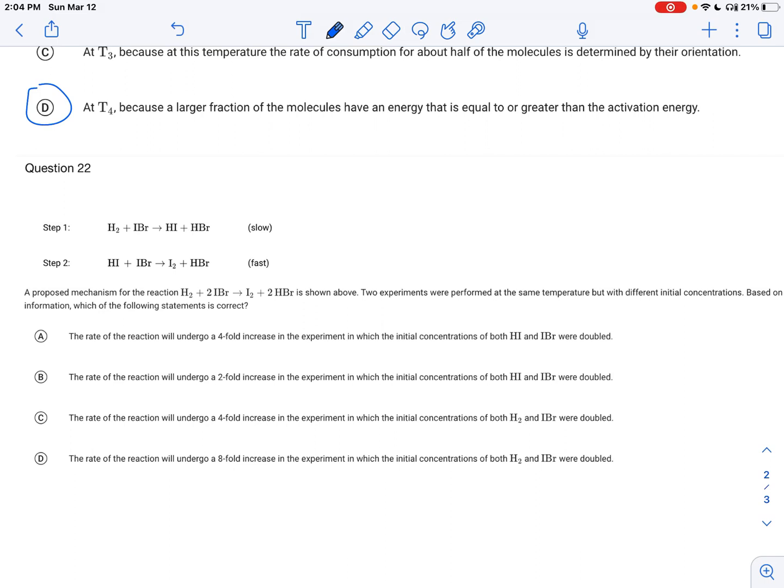So what you'll do here is write the rate law. We can get rid of A and B right away because they both talk about HI and we don't care about HI because the first step is the slow step. So now saying H2 and IBR are both doubled.